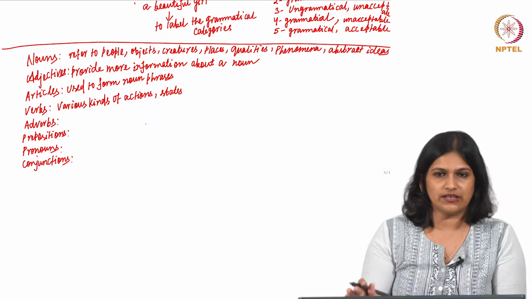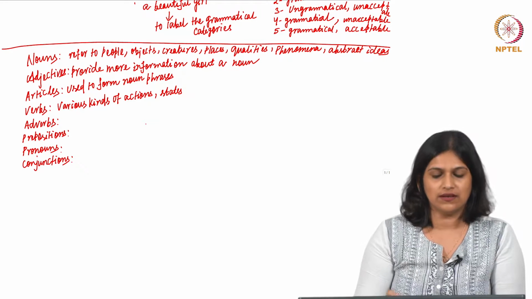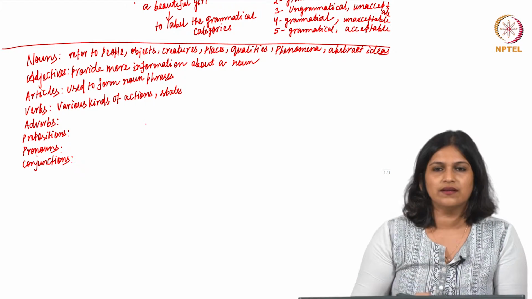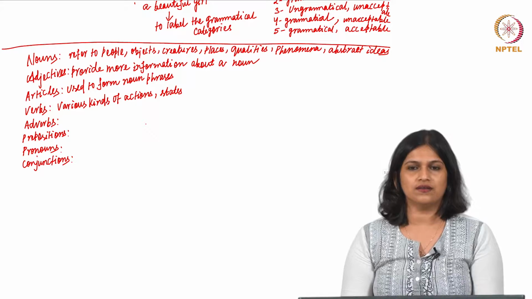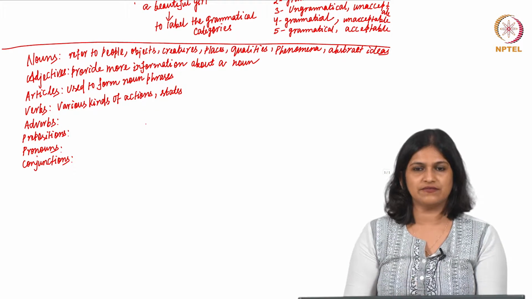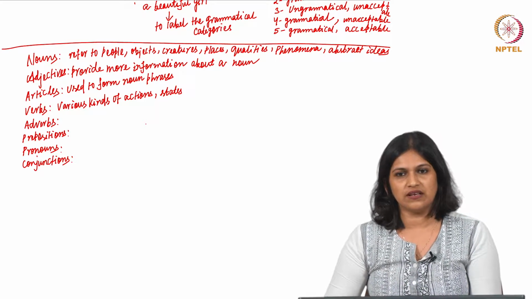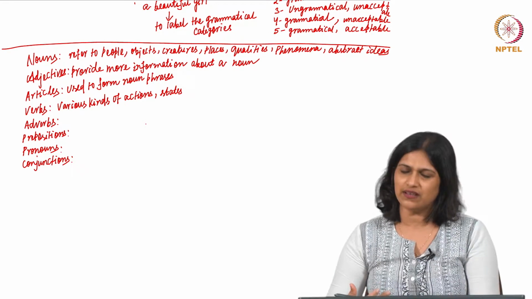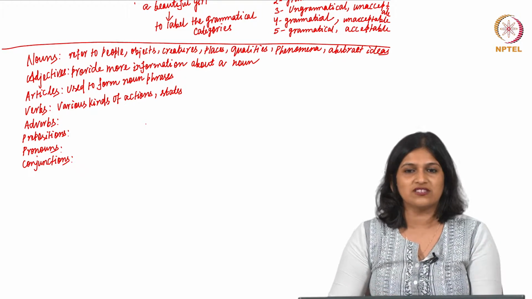And generally when you talk about action, you generally refer to the words which have some kind of movement, or some kind of, not exactly movement, some kind of action associated with it.